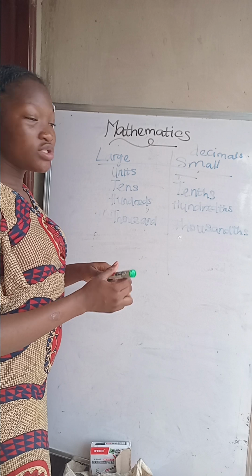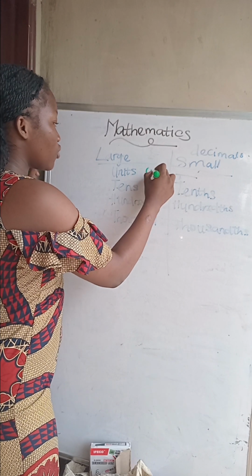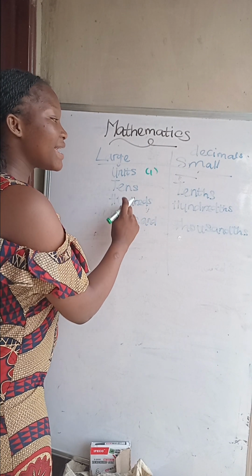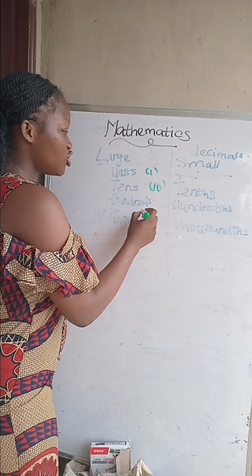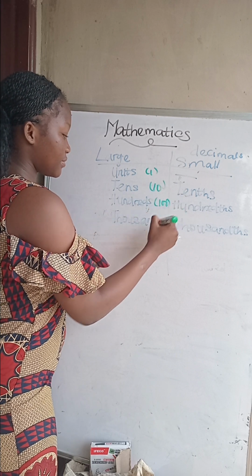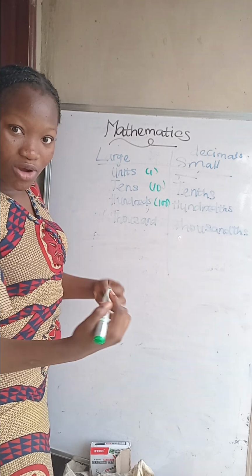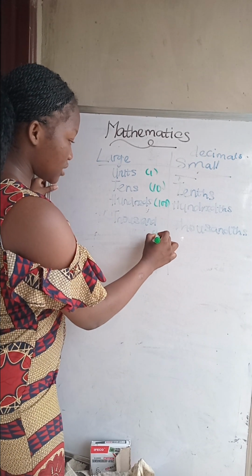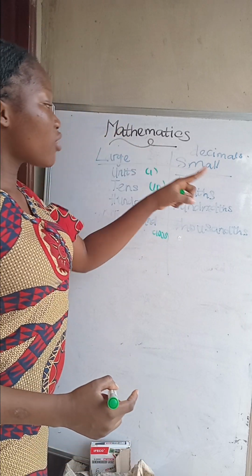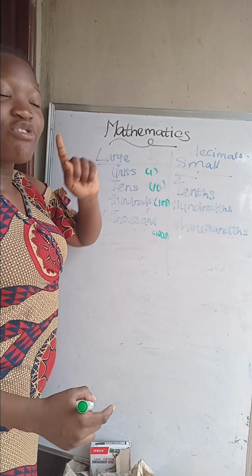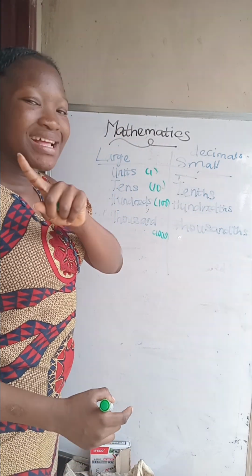So now you know this unit represents 1. This tens represents 10, right? This hundred represents 100. This thousand represents 1,000. But now in small numbers, this tenth represents 1/10.